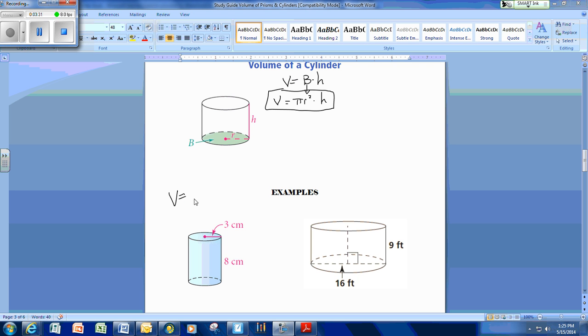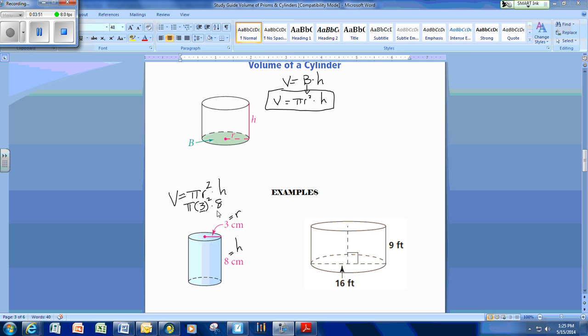Here volume equals pi times the radius squared times the height of the prism, or I'm sorry, the cylinder. In this case, the radius is 3 and the height of the cylinder is 8. So I'm going to calculate that out. Plug everything in.